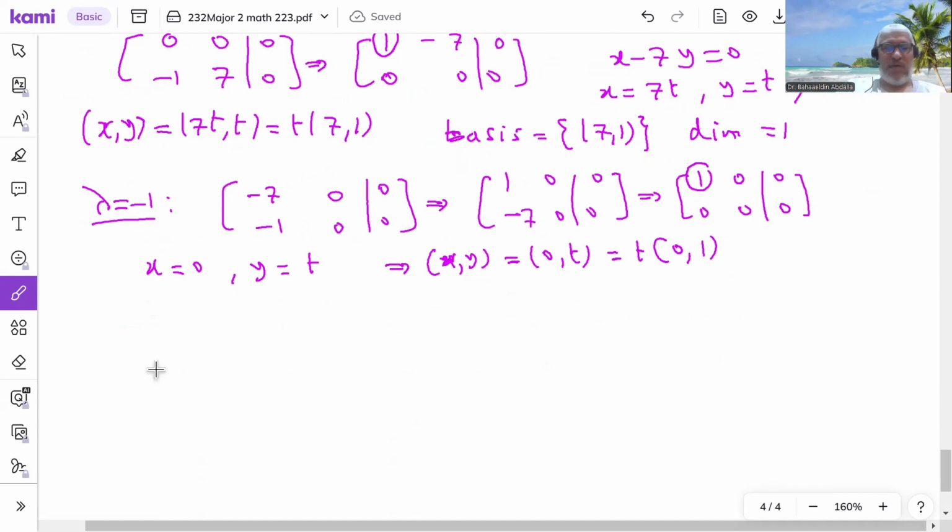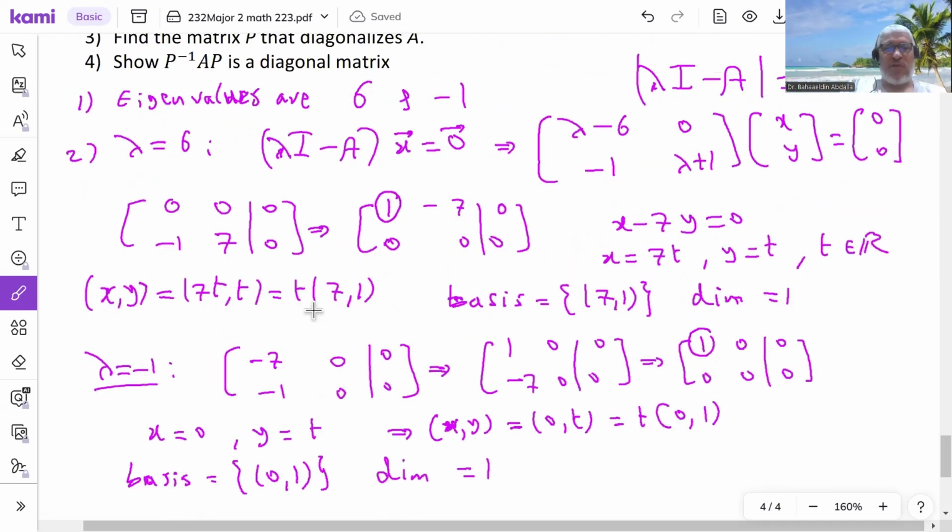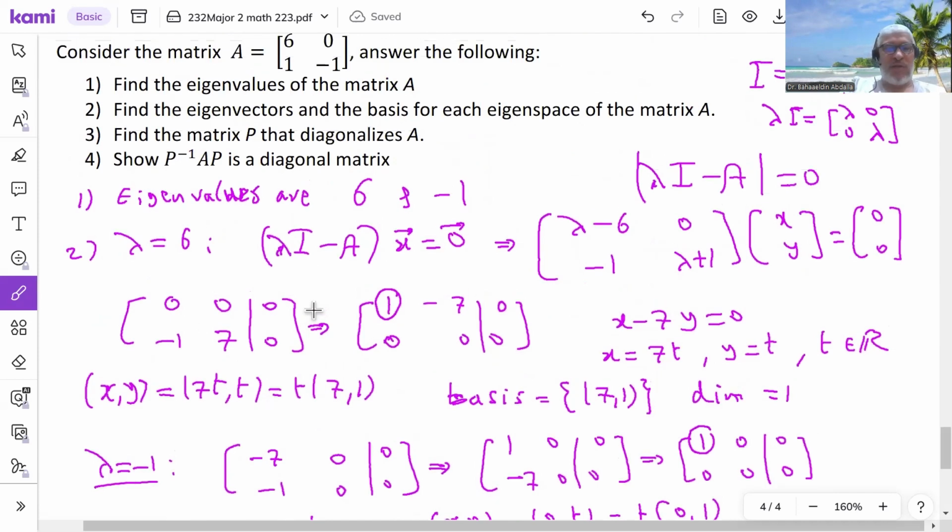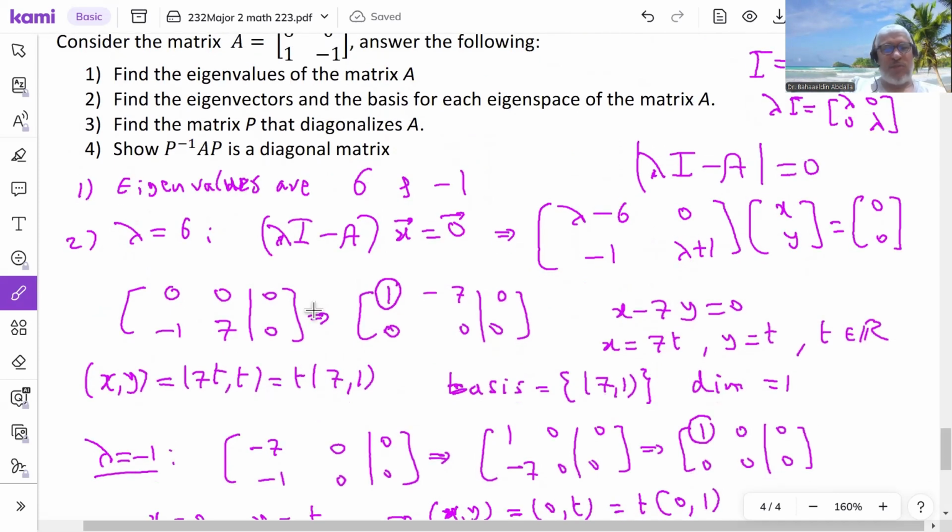So the basis here consists of one vector, which is 0, 1. Every other vector is written as a multiple of 0, 1. And the dimension is 1 for the eigenspace, which is the solution space.